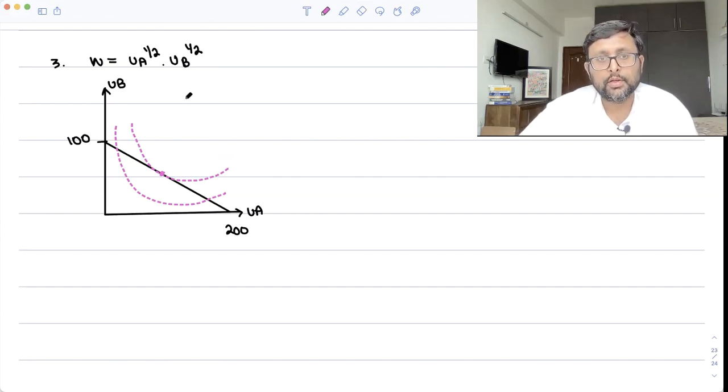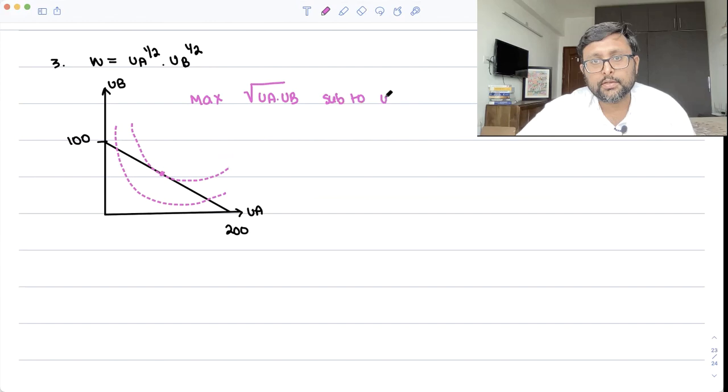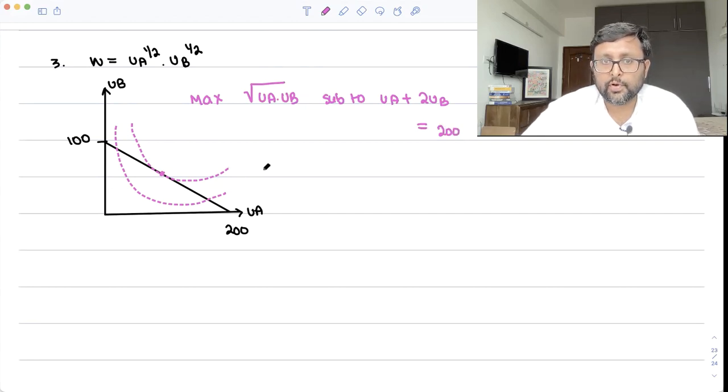So what you're doing is maximizing root of UA, UB subject to UA plus 2UB is equal to 200, right?